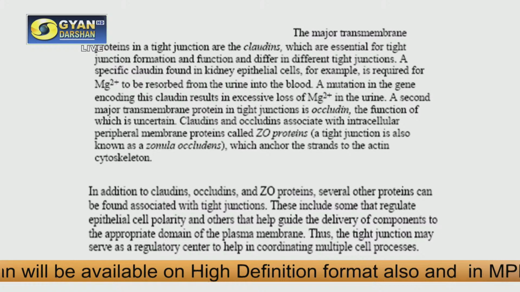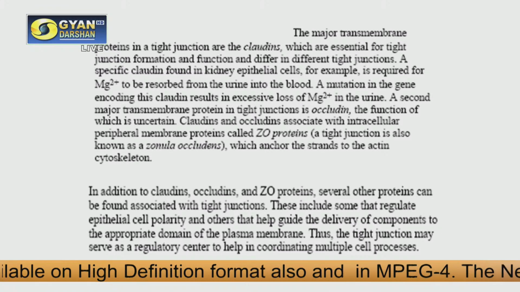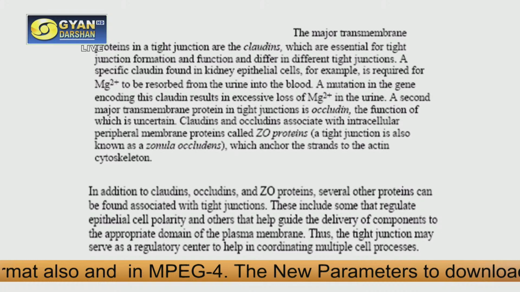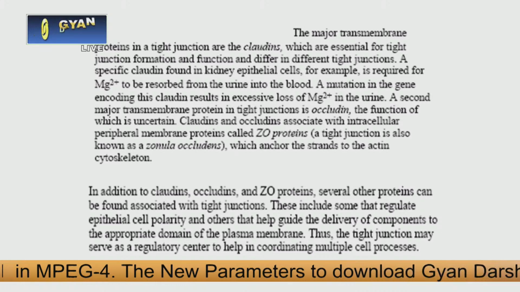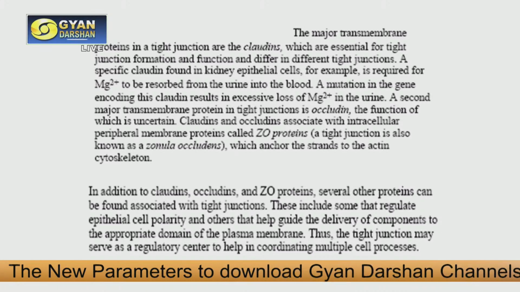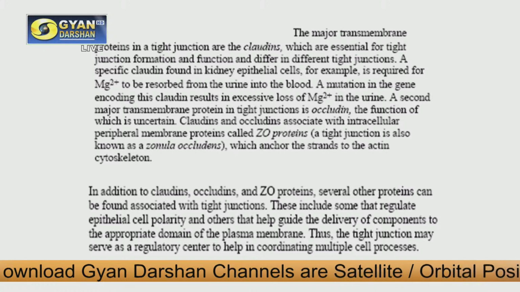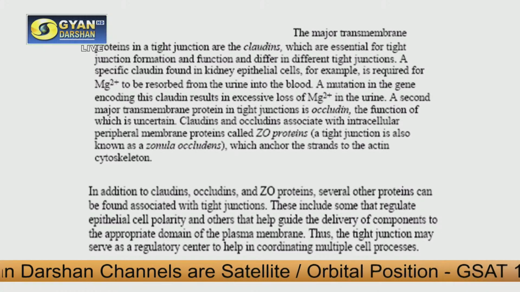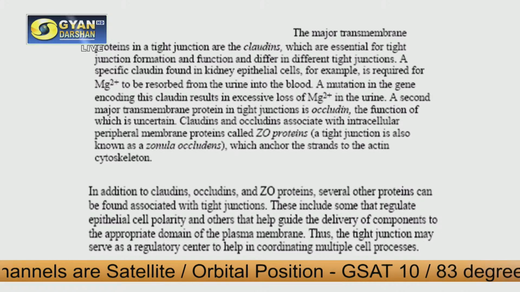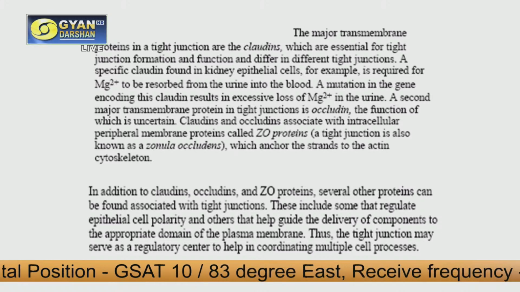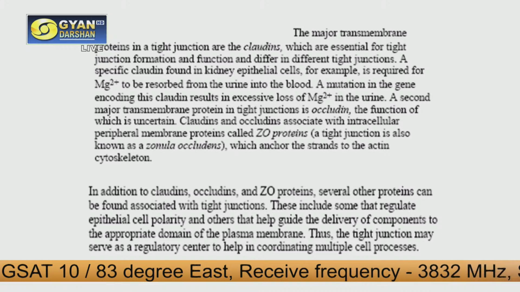So this is called tubular reabsorption, and this kind of claudin protein also helps in it. The magnesium ion is reabsorbed from the urine into the blood before the urine is eliminated. So this is a very vital function of claudin. If there is a mutation in the claudin gene, what will happen?